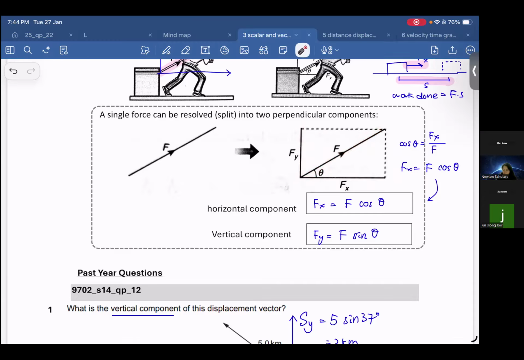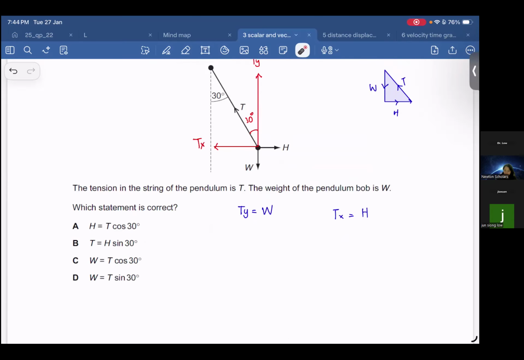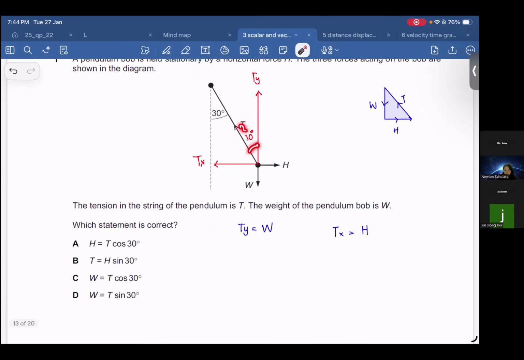Actually, it's your mathematics. So we look at Ty with the angle between them, where T is resolved into Ty. So we should use T cos 30 degrees equals the weight. Then look at Tx, where there is no angle.